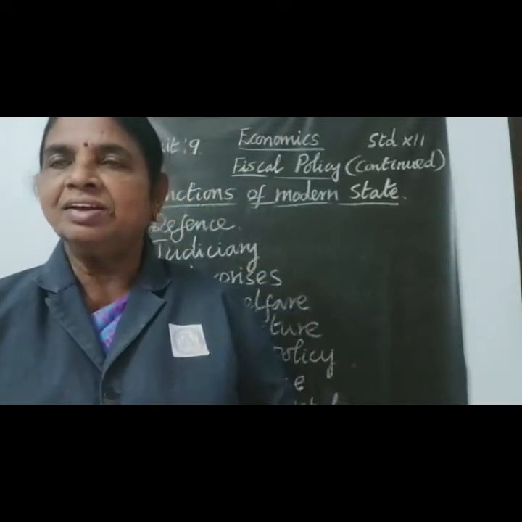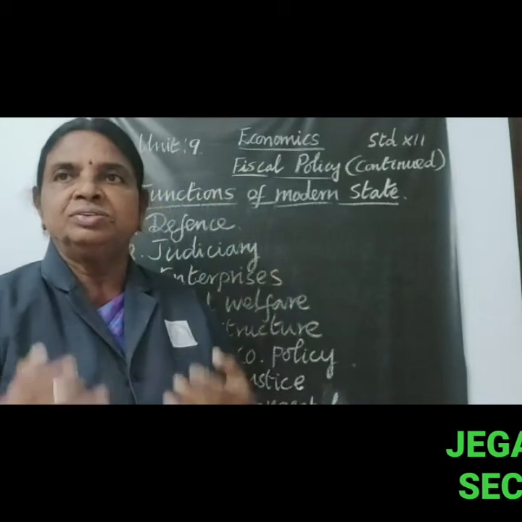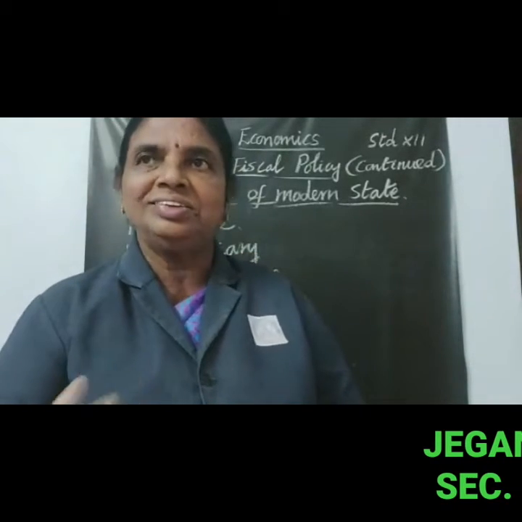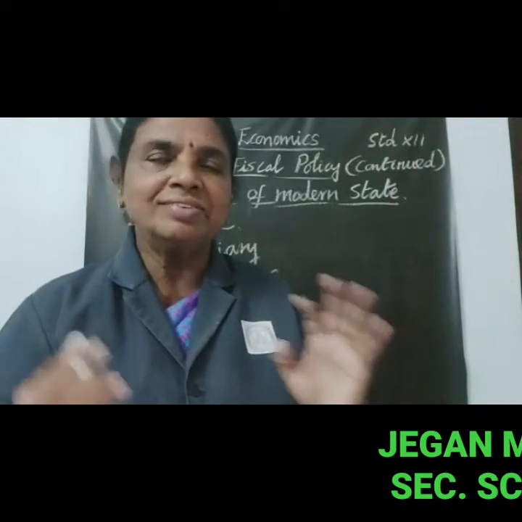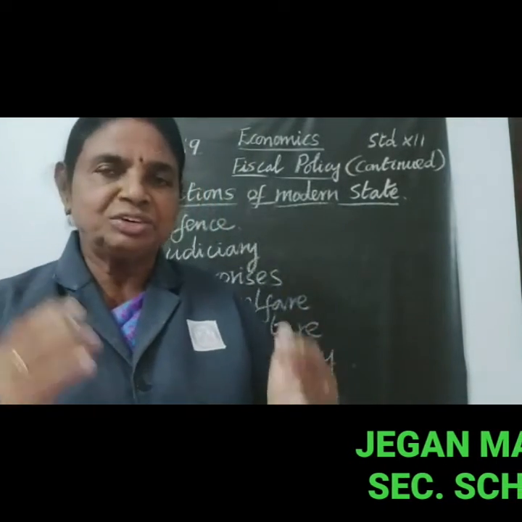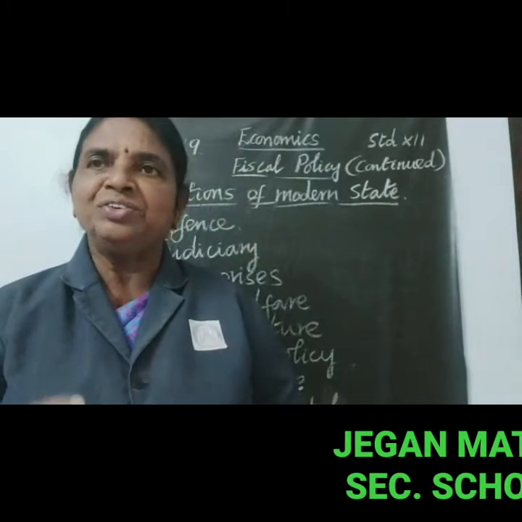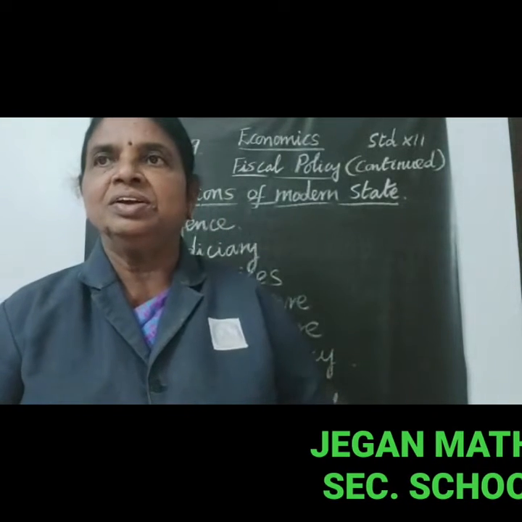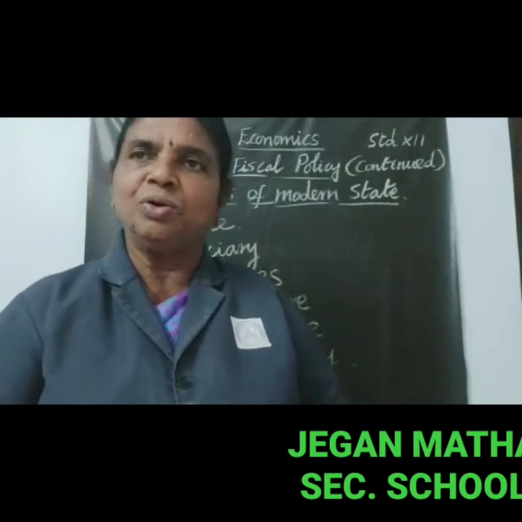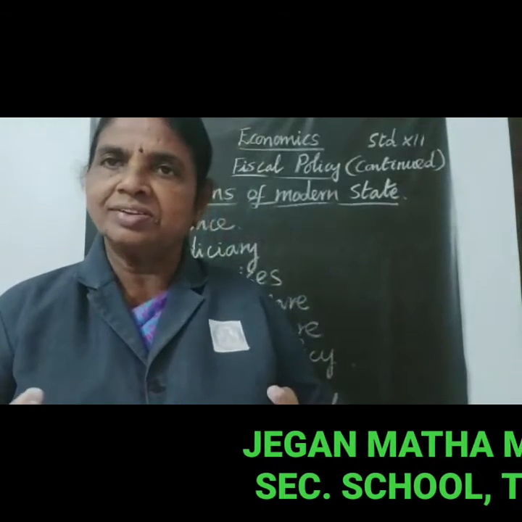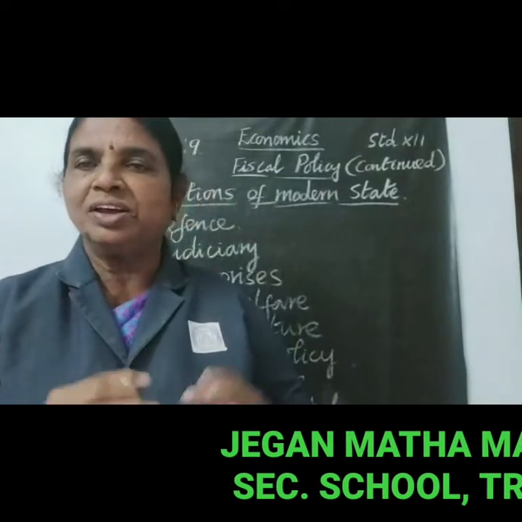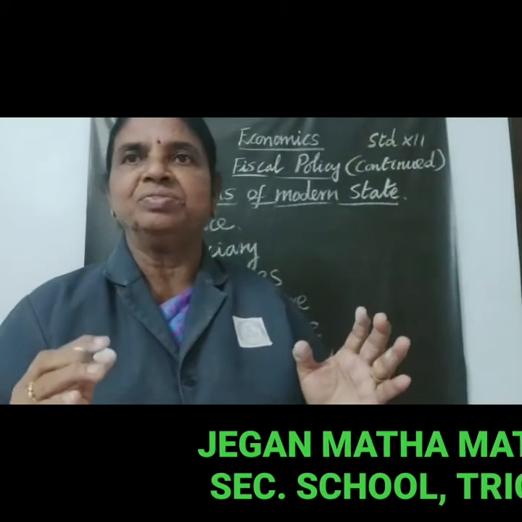And secondly, judiciary, that is rendering justice and settlement of disputes, are the concerns of the government. It should provide adequate judicial structure to render justice to all classes of citizens, irrespective of their caste, religion, and so on.